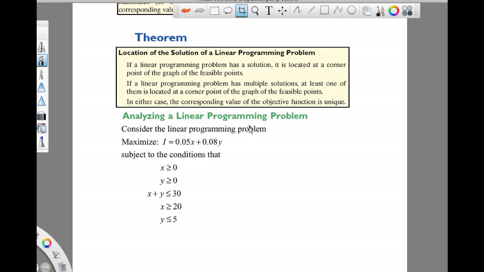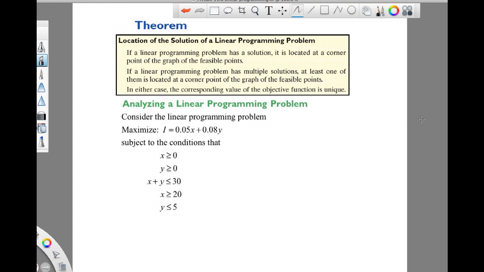Okay, so let's look at what we have here, analyzing a linear programming problem. It says consider a linear programming problem, maximize I equals 0.05x plus 0.08y, subject to the conditions, and then they gave us all these conditions. Well, this is the problem that we worked on in 11.7. The 30 here represents $30,000, the amount of money the couple had to invest.